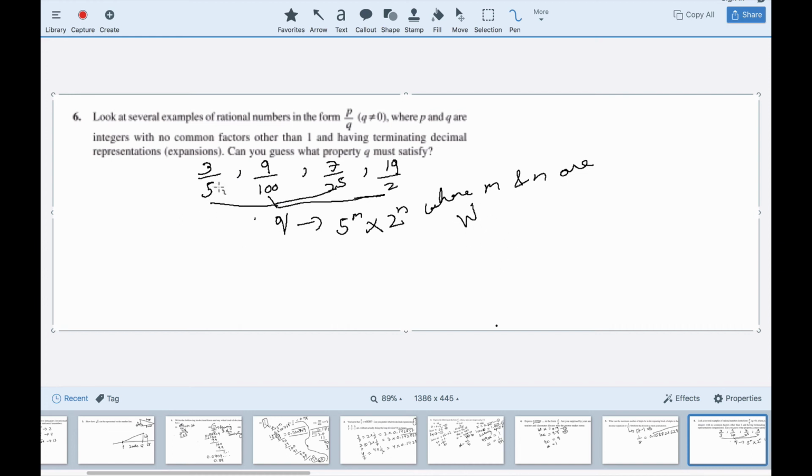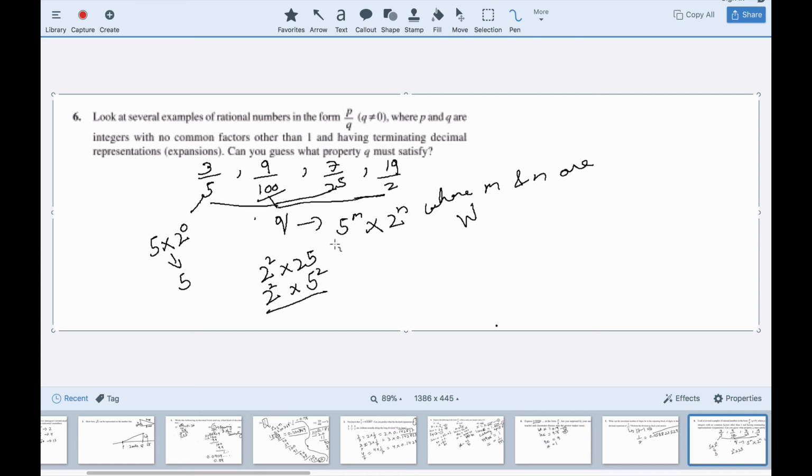So over here you only have 5 because 5 into 2 raised to power 0 will always give me 5. 100 can be written as 2 square into 25, which is 2 square into 5 square.